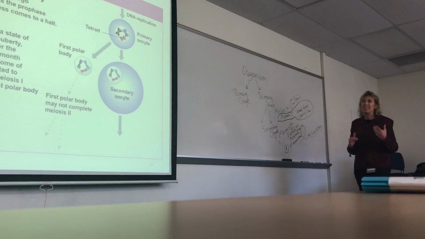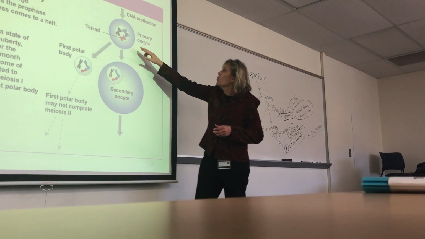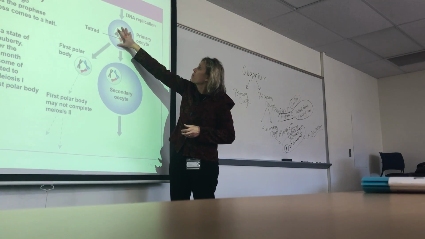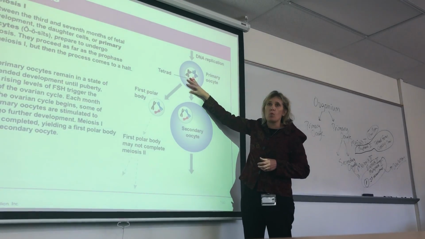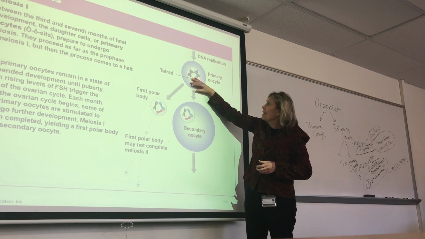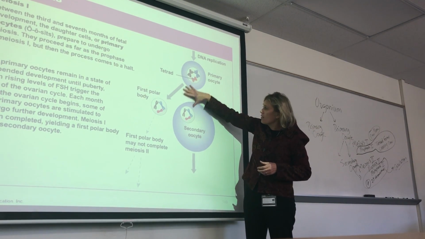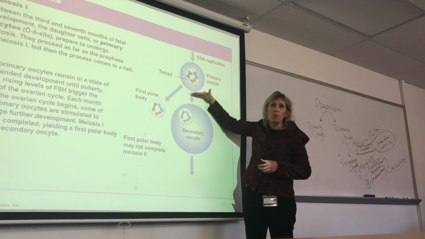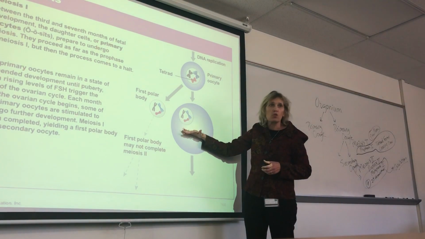There's some interesting differences between this and spermatogenesis. All right, so here we have our primary oocyte. The primary oocyte is going to start meiosis I. It will be halted in prophase I until puberty, but once puberty starts, it continues on.